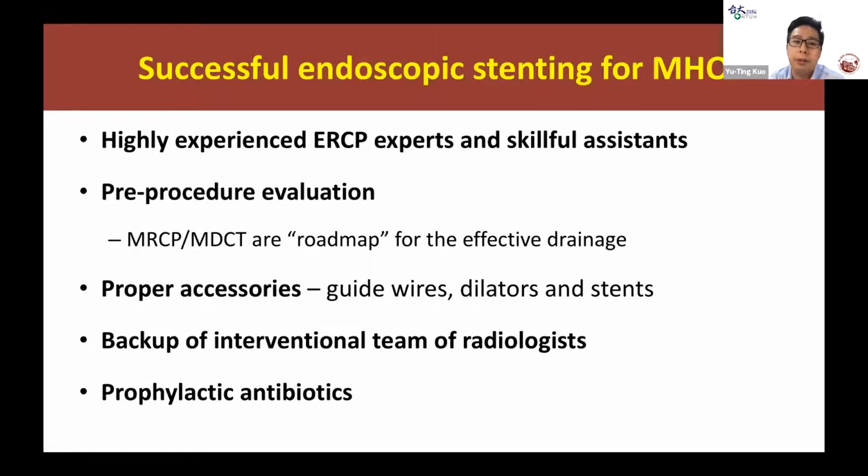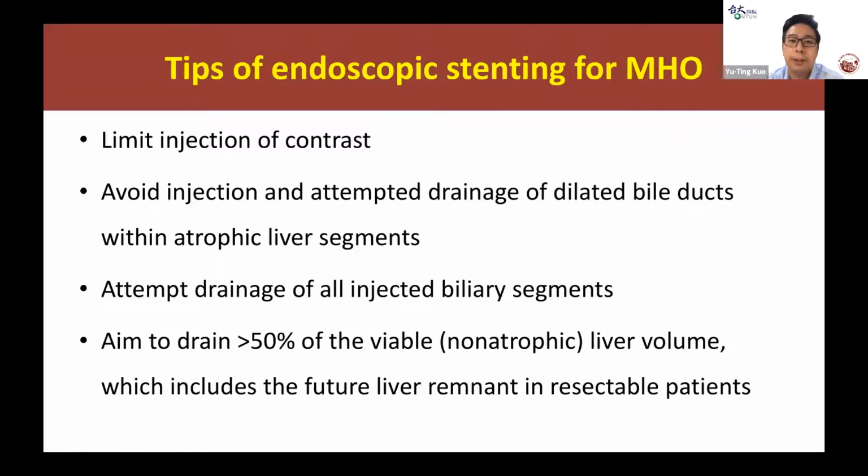And you need to prepare proper accessories, like a guide wire, dilator, and a specialty stent. And sometimes you need your colleague, especially an interventional radiologist, as backup, because sometimes you will not always succeed. And the last one is that before the procedure, you need to give prophylactic antibiotics.